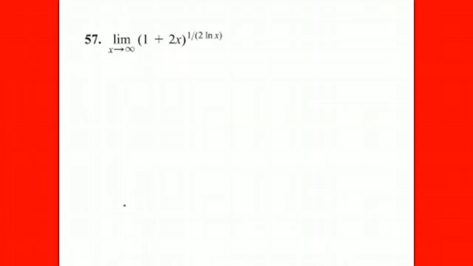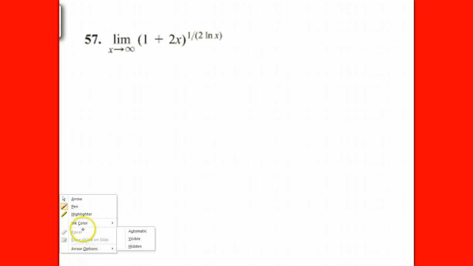Now you can't officially plug in infinity, but what you can do is, as x gets big, 1 plus 2x is big, the interior is getting large. Now the exponent is 1 over 2 times the natural log of x. So the exponent is getting small.